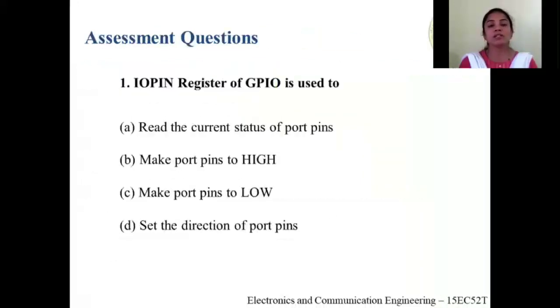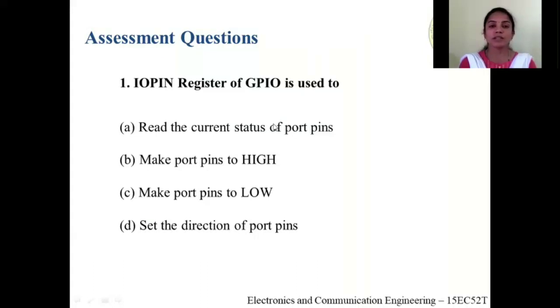There are two groups: the legacy group of registers and the enhanced feature registers. Let's look into some assessment questions. The first question: IO pin register of GPIO is used to. For what operation are we going to use the IO pin register of GPIO?